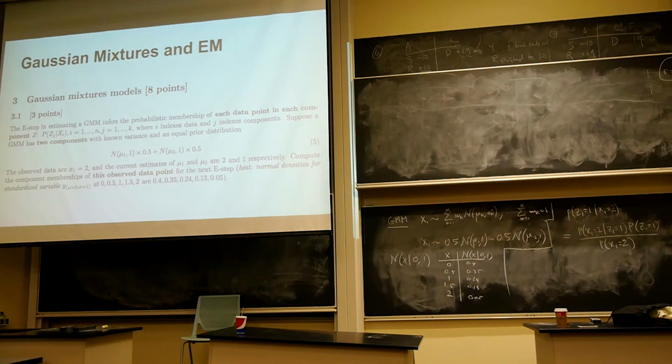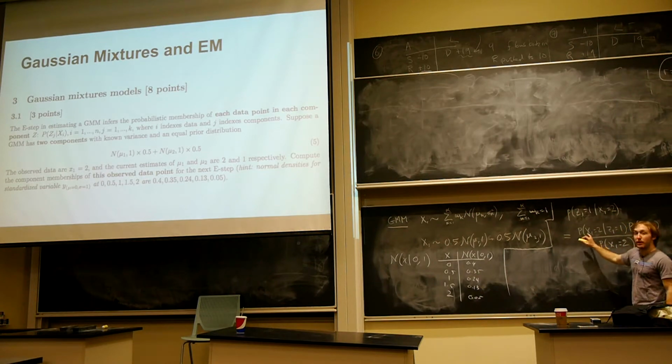Because the mean of the first normal distribution is 2. Sure. According to the table, the density should be 0.4, right? That's right.